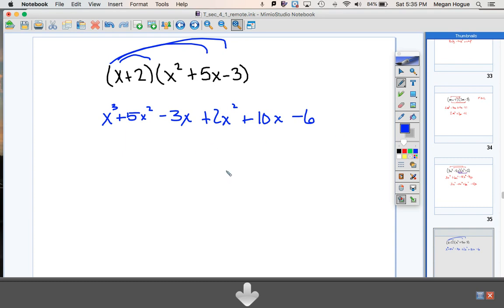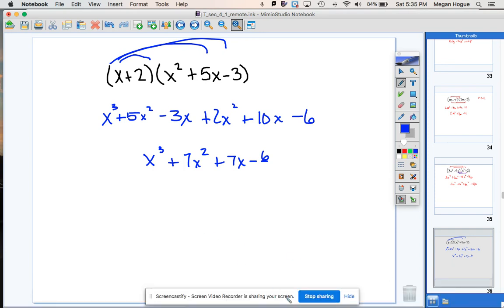We'll come back to that idea in a little bit. And then I'm going to combine. So I'm going to have x cubed. These are my x squareds. I've got 7 of them. Then these, I've got 7x, and then minus 6.